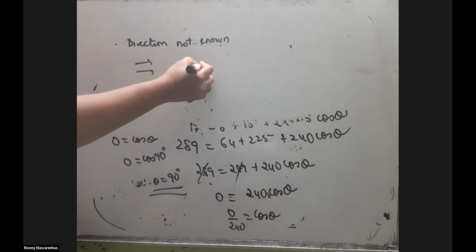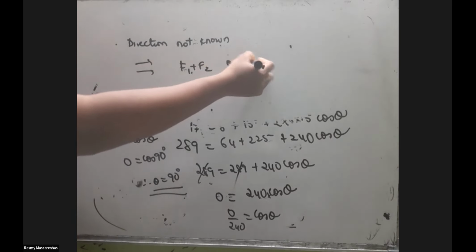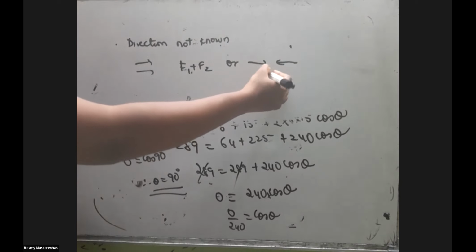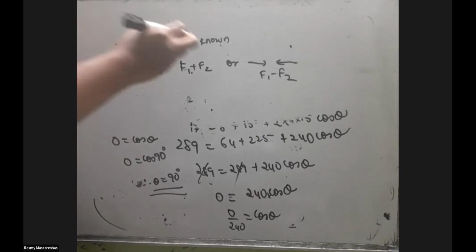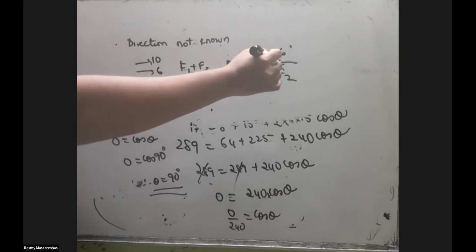It could be F1 plus F2, or if both are in the opposite direction, then they may get subtracted. So what are the chances? Either it can be maximum. One is 10, the other one is 6. Then over here, this can be 10, this can be minus 6.